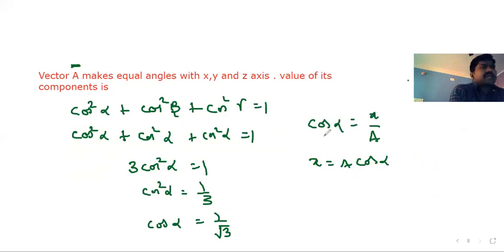For any component, even beta, gamma, all are same only, no? So we get the same values. Finally, a into cos alpha value, which is 1 by root 3, so it will be a by root 3. Each component will be a by root 3. This is equal to y and this is also equal to z.